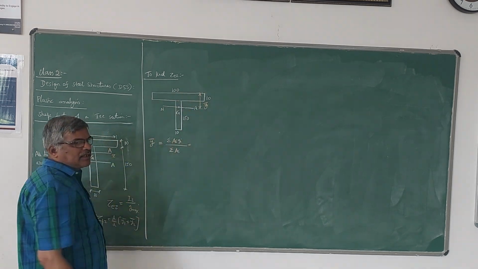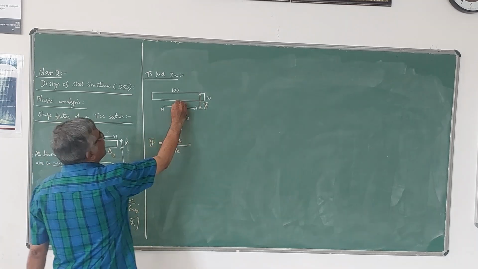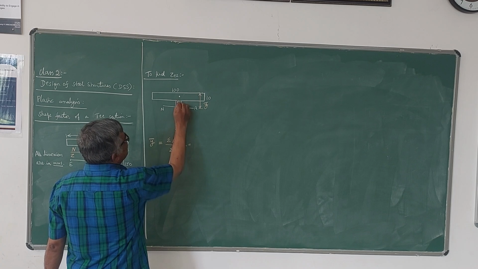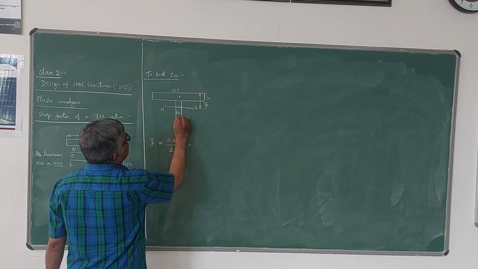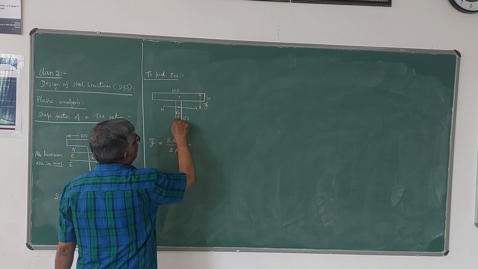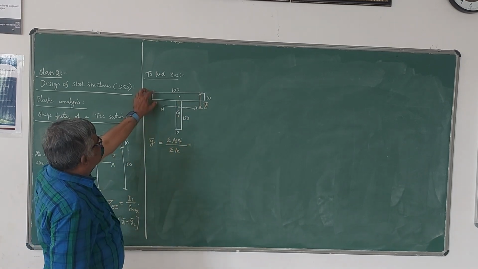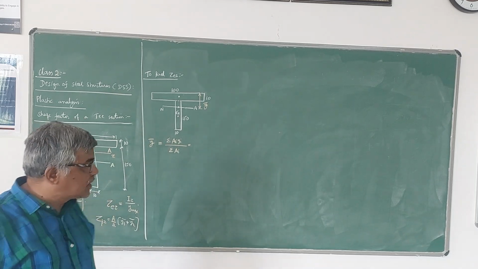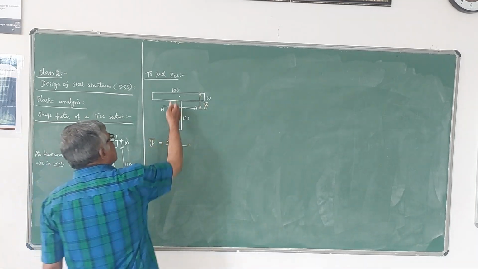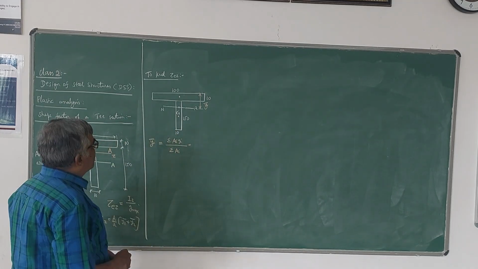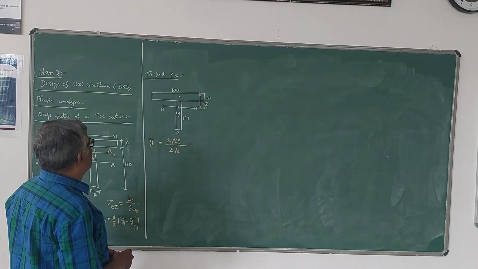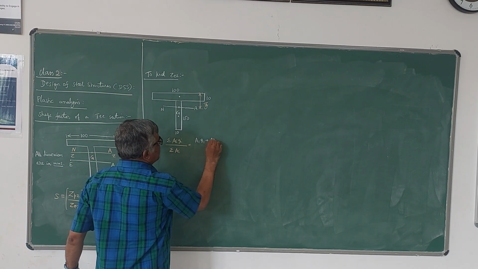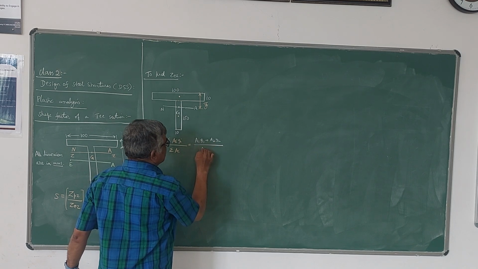This T section is split into two rectangular sections, so you have to look at the centroid of this rectangle and the centroid of this web portion. This is the first rectangle, this is the second rectangle. Please note that the T section is not symmetrical about the horizontal axis, it is symmetrical only about the vertical axis. So y bar is A1 Y1 plus A2 Y2 divided by A1 plus A2.